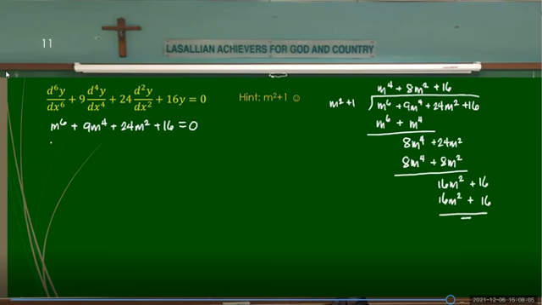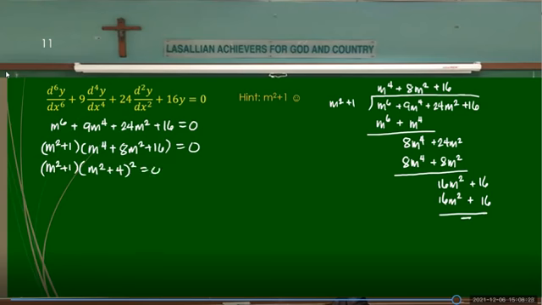So that means this one can be factored as m squared plus 1 and m to the 4 plus 8m squared plus 16 is equal to 0. So let's completely factor this: m squared plus 4 squared is 0.